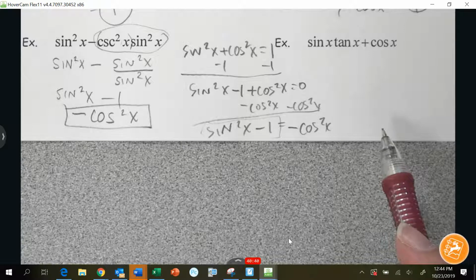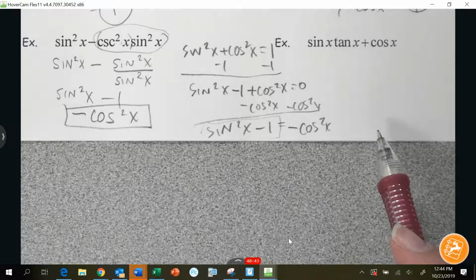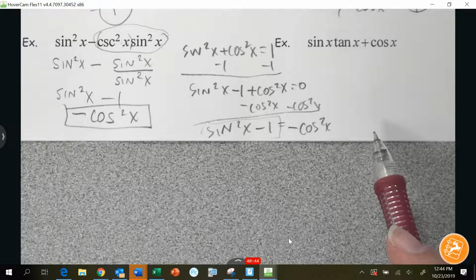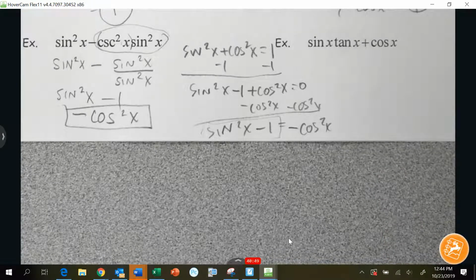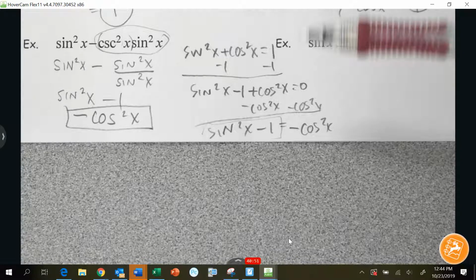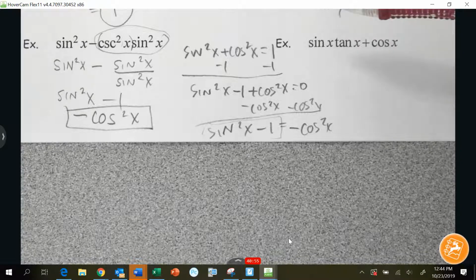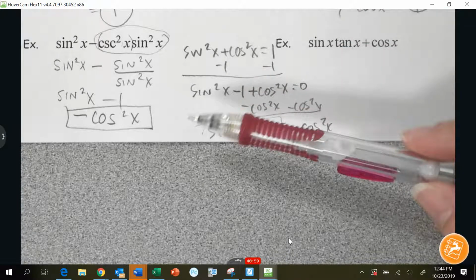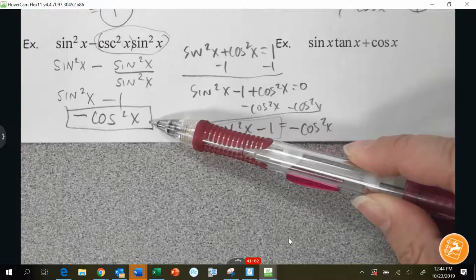What do you think? Use this for something else is not really what we're doing today. The goal is to get it down to one trigonometric ratio.